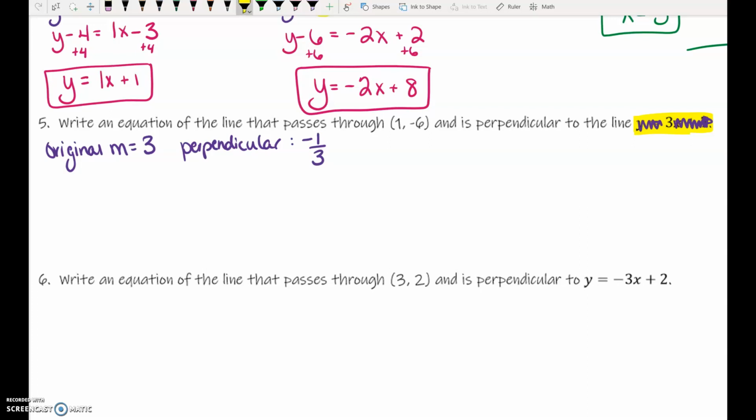Our point is (1, -6). So we need to write y minus the y value of the point, negative 6, equals our new slope, negative 1/3, times x minus the x value of the point. And if we need to label this, that's where that came from, that's where that came from, and our slope came from here.